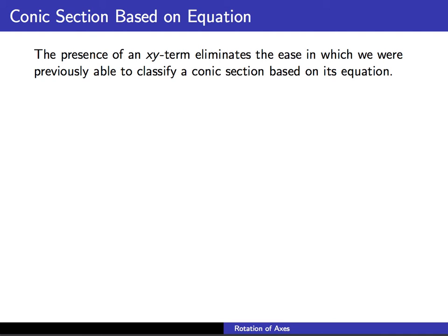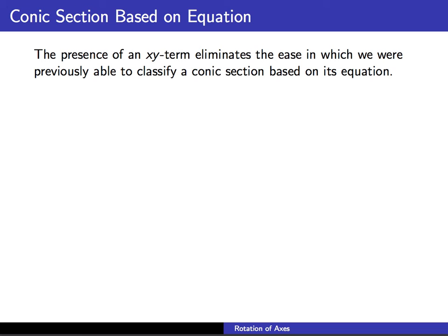Before, we looked at whether there was only one squared term, which meant it was a parabola. If our squared terms were opposite in sign, like a 5x squared and a minus 5y squared, it was a hyperbola.